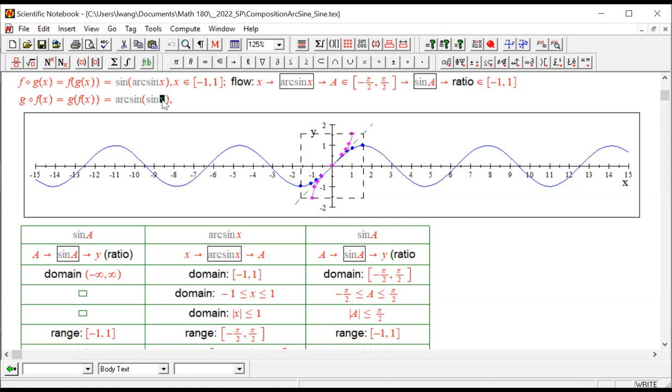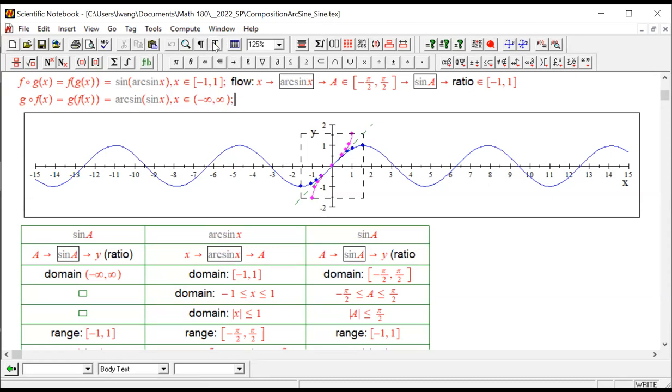In the second one, however, the input x is given to sine directly first. So this x has to be from the domain for sine, which are angles. Even though they're both called x, this x is really an angle, a. But we still use x because it's just a symbol. I'm just showing you how to identify what type of input we're expecting. So this x is from negative infinity to positive infinity.